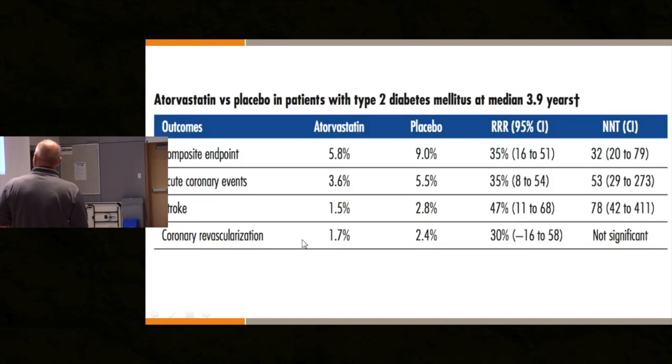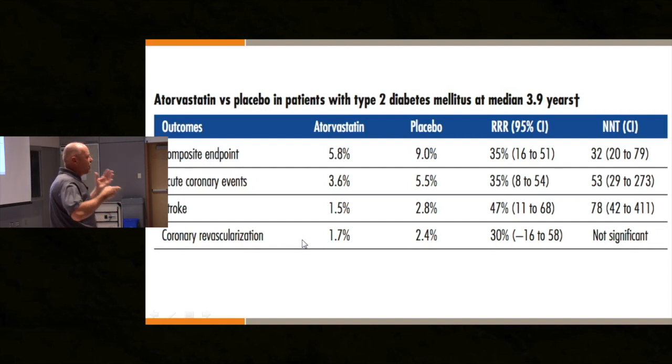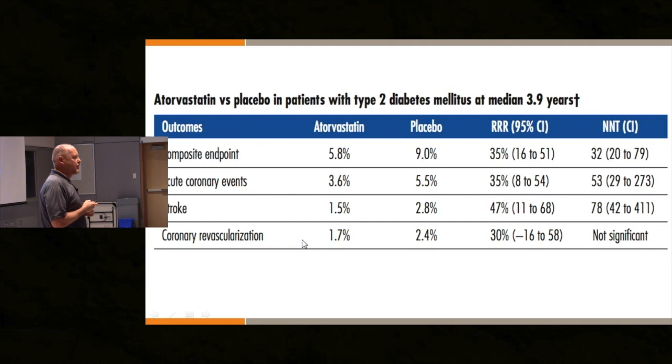So in this study, for the composite, if you treat over 3.9 years with a low-dose statin in people with diabetes, then you treat 32 to prevent any of those cardiovascular issues. You may not be familiar with number needed to treat so much, but as you talk to patients, when you start getting closer to less than 40, 30, that kind of thing, it's generally seen as, well, maybe I'll take my chance.